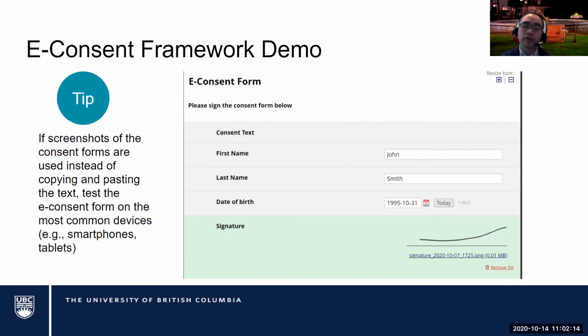However, if you go down the route of using images and screenshots, I would advise testing to make sure it's visible and easy to read for people accessing it from a tablet or smartphone, because sometimes images may get too big. If you have any questions on how to do that, or any issues when uploading your files, let us know at redcap.support@ubc.ca, and we can advise and help you get it right.